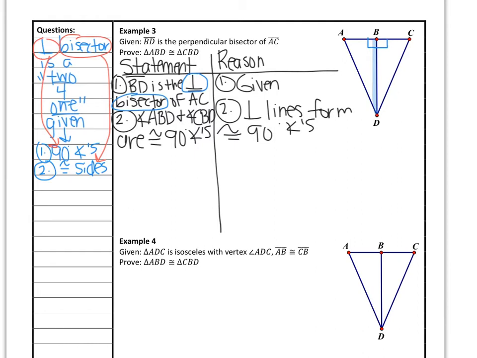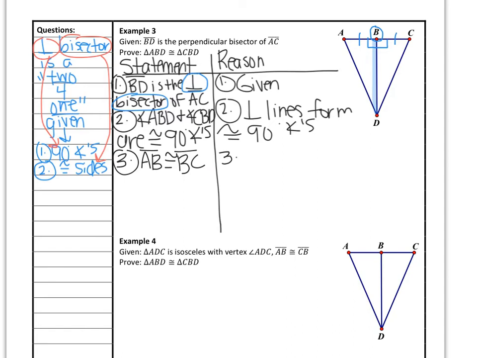So that means that our AB and our BC segments, B is actually the midpoint of AC. So that allows us to then say that AB is congruent to BC.